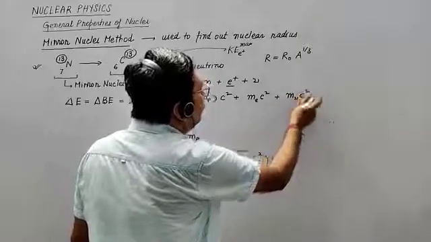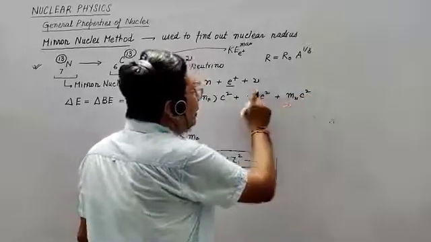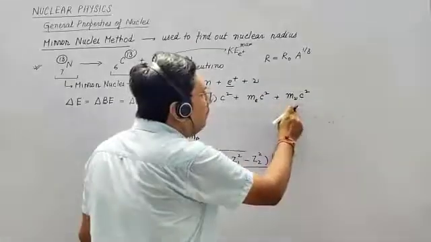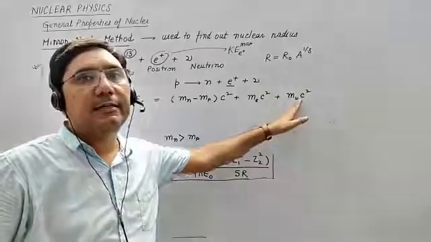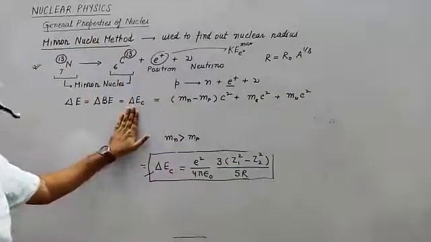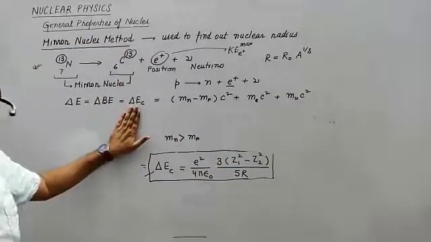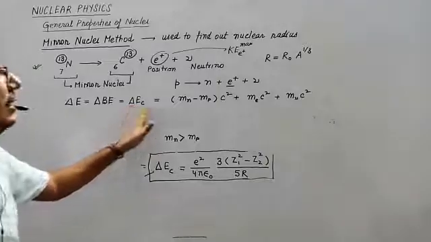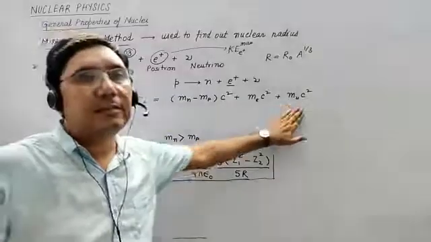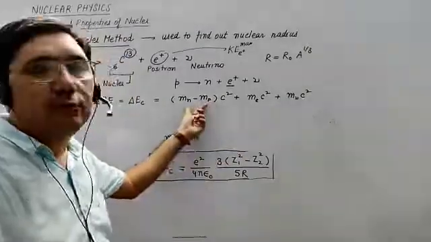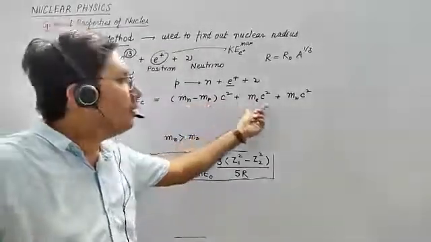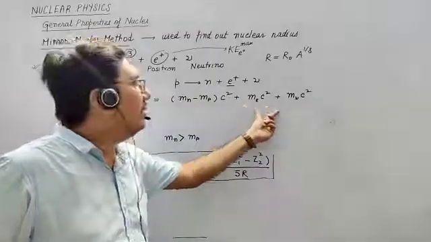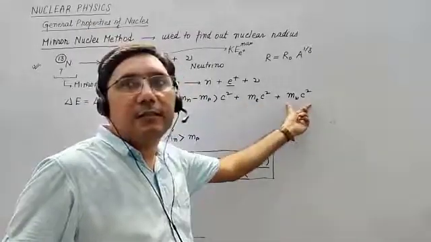This neutrino is also created, so the created mass will be m_nu c square. So a part of this energy is utilized in creating three different types of masses. One, extra mass of neutron as compared to proton. Mass of the positron is created and mass of the neutrino is created.